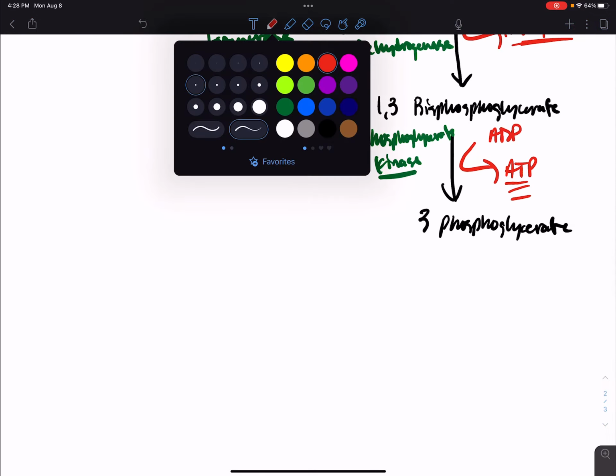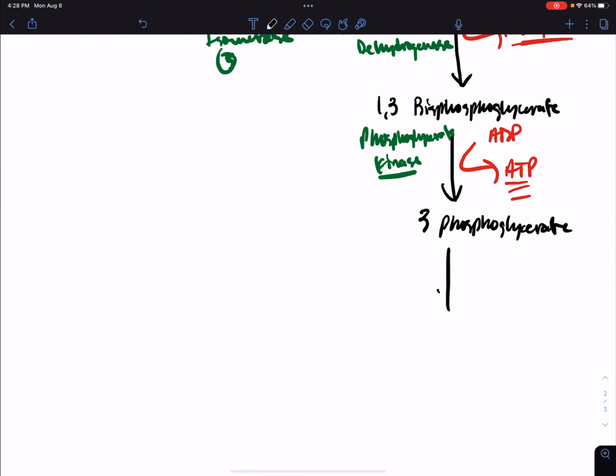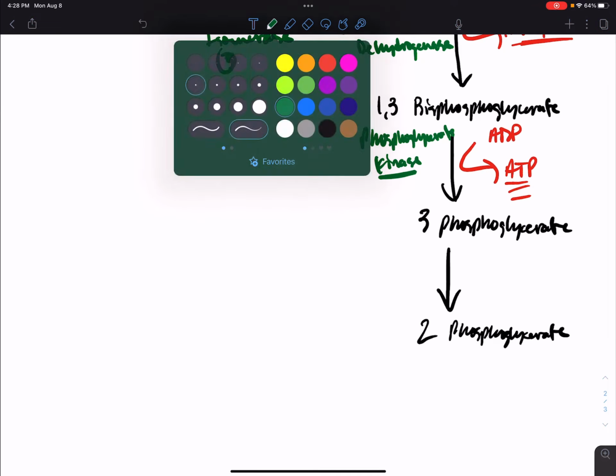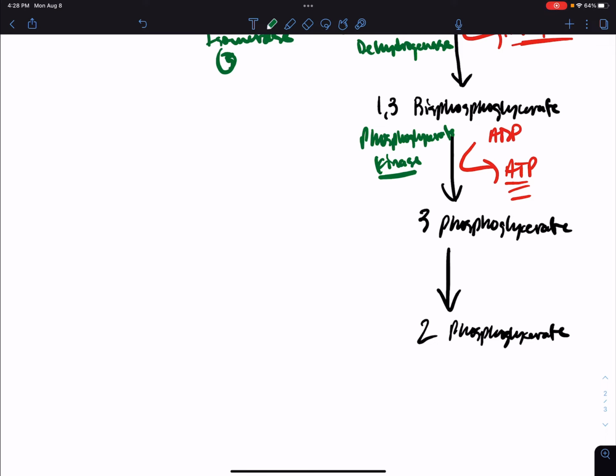And then from 3-phosphoglycerate, we go down to 2-phosphoglycerate. And the enzyme there, I think about this in a way that the phosphate on the 3 carbon is mutating, and it's just getting yanked over to the 2 carbon. So this is phosphoglycerate mutase.